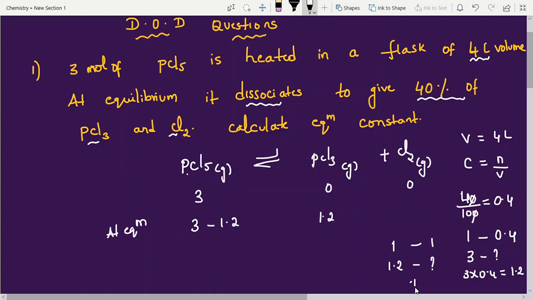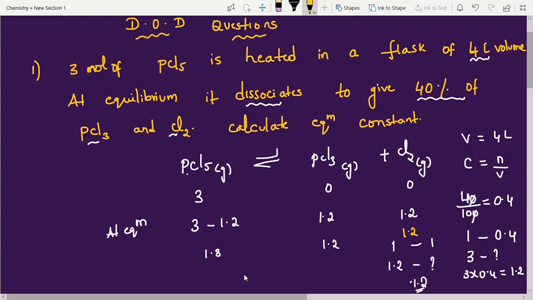You will get here also 1.2. So 3 minus 1.2, how much, students? 1.8. This is 1.2. It seems to be a little clumsy, so I am writing with another color. This is also 1.2.